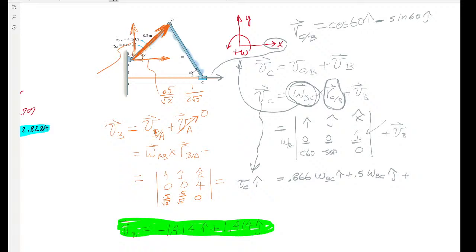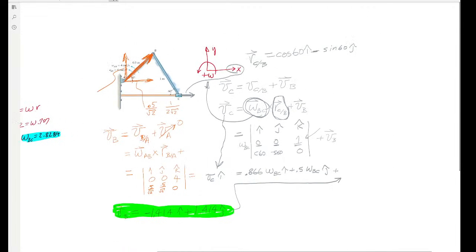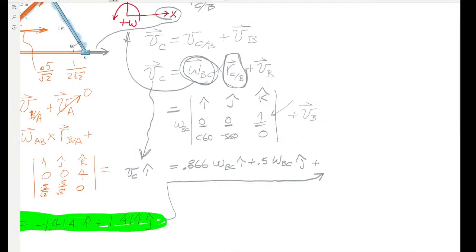Now, I'm going to go ahead and take this thing and put it over here. But before I do, I'm going to do a check along the way. Okay.